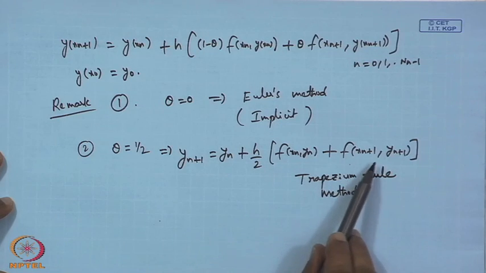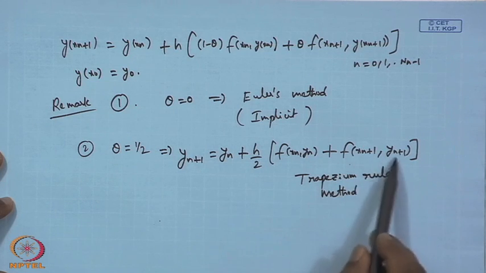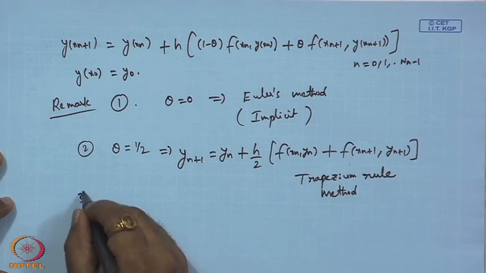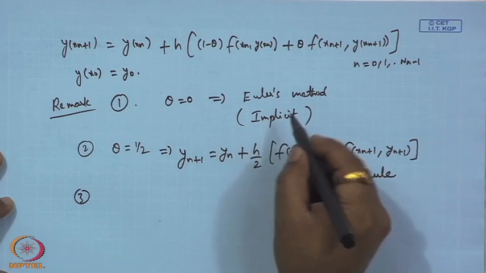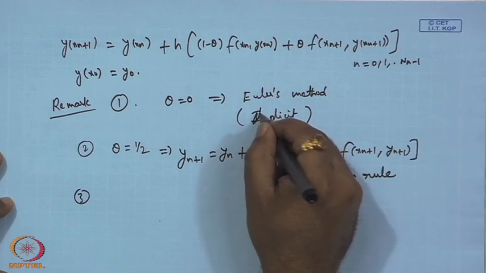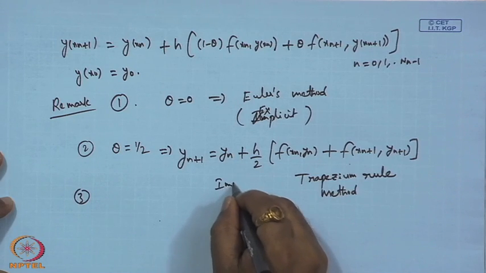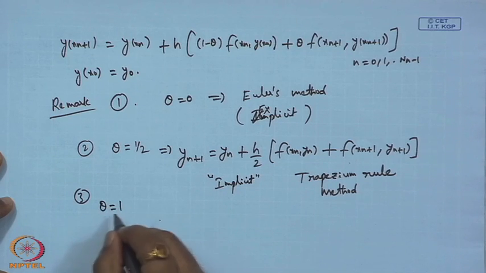Another observation: you see, to compute y n plus 1, the right hand side is also demanding y n plus 1. I am sorry, this Euler method with theta equals 0 is explicit. So, this is not implicit, it is explicit, and this is implicit. Now say theta equals 1.